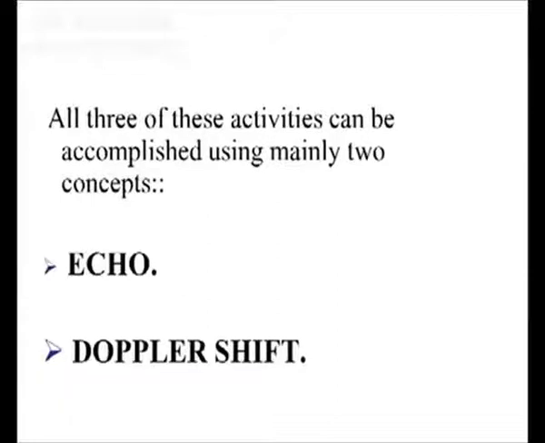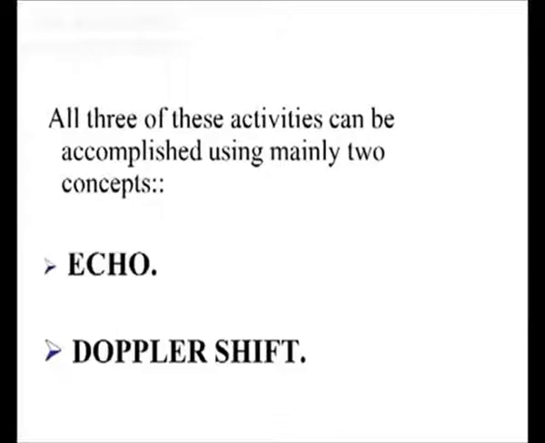If you are interested in the speed, we also try to measure it by finding out the Doppler shift in the return signal. This Doppler shift is a known phenomenon in transmitters and receivers when they are moving.